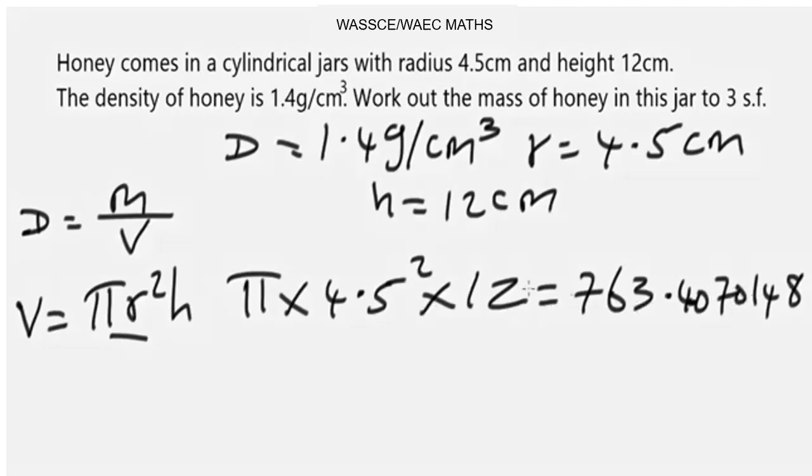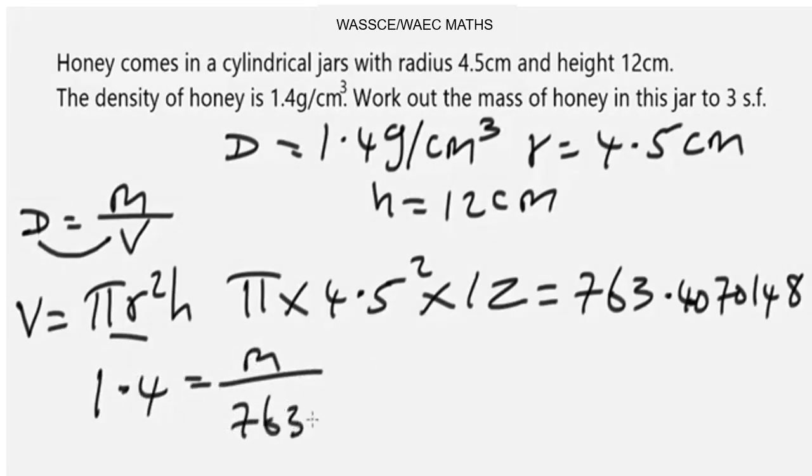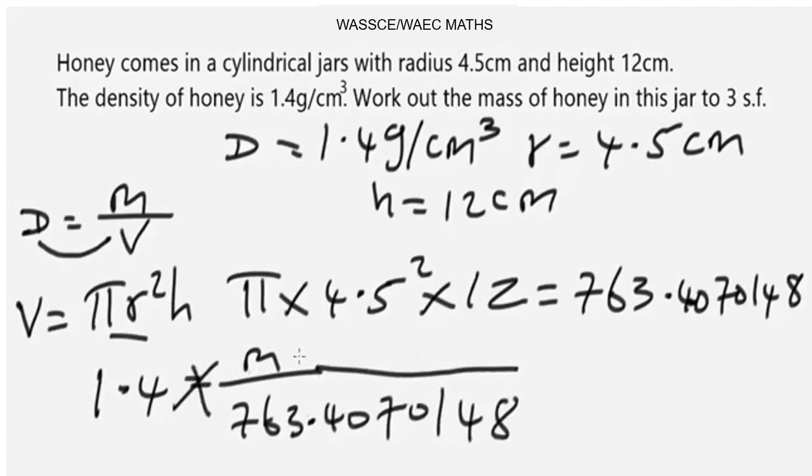Now that we have it, let's plug in the volume in this formula and get the mass. So density again is 1.4 equals mass over the figure we have, 763.40700148. When you cross multiply, our mass will be this value we have here times 1.4.